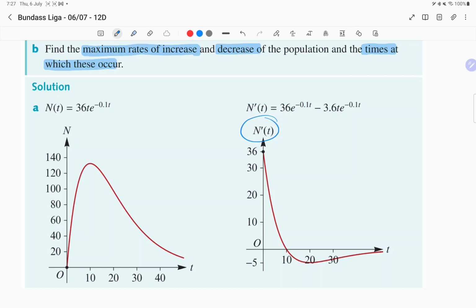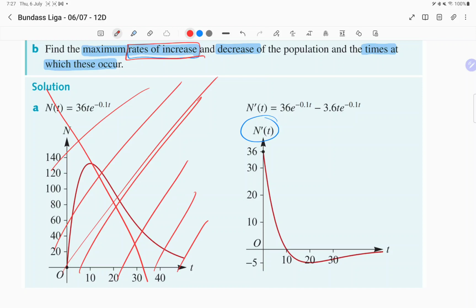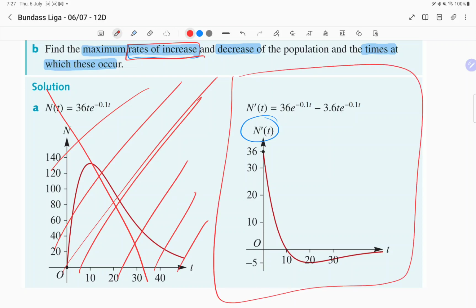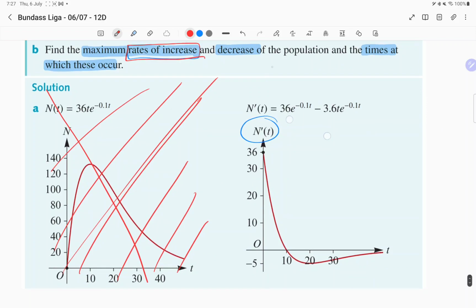Because it's the derivative. Maximum rates of increase. What does that mean? Maximum rate of increase. Right, so I actually don't use this one. So using the graph on the right, how do we find the maximum rates of increase, for example? You've got to deconstruct this.